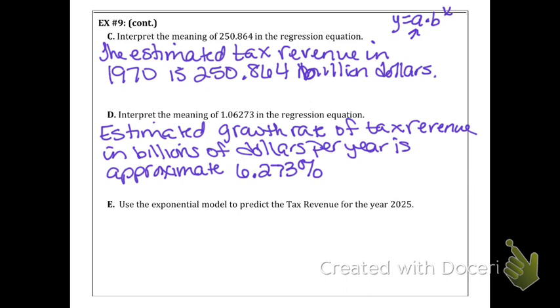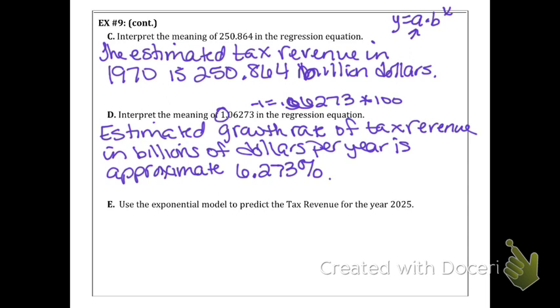Well, what we did here is we took out the 1, because the 1 is the previous year's amount and how much it's going to grow after that, okay? So the actual growth is, you take out the 1, you get the 0.06273, and then to change it to a percent, I just had to multiply that by 100.